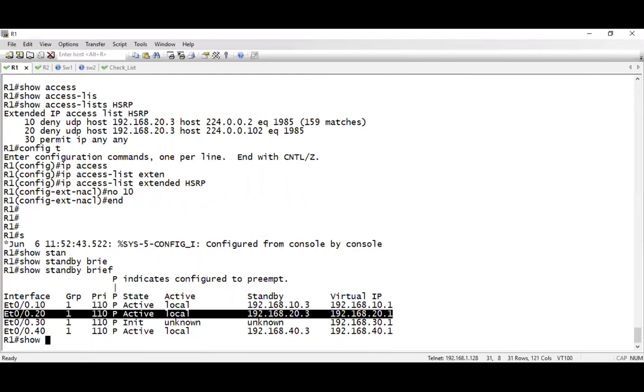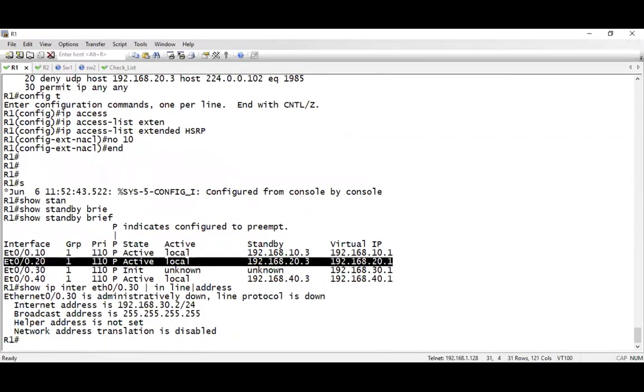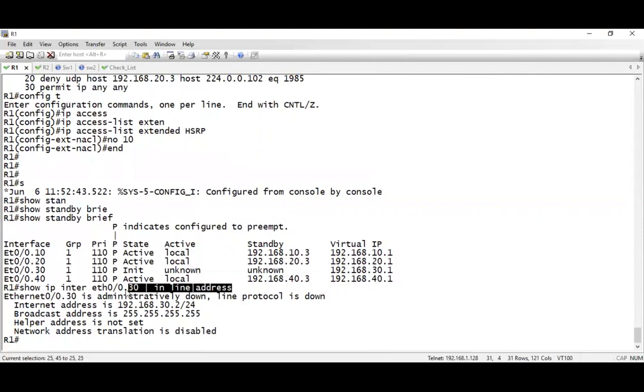Let's have a look at the third subinterface, which is 0/0.30. Again, I always recommend you start with your approach, which says verify the interface status and IP address configuration. In this particular example, we notice that this subinterface is admin down.